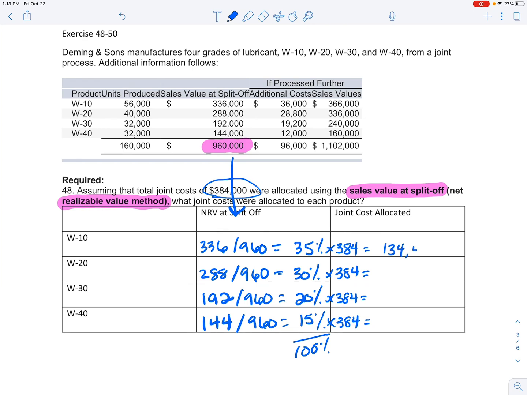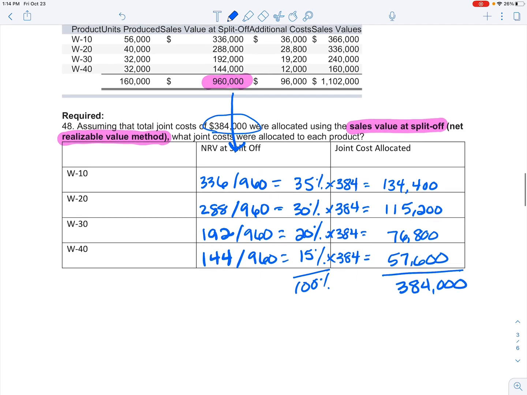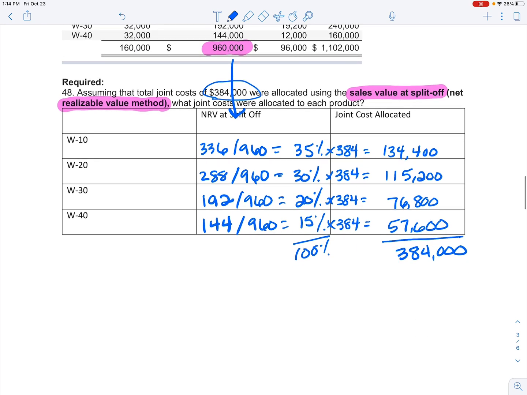So if I do the math right, 1, 2, 600 and 57, 600. Again, if you want to double check, if you add up all of these numbers, it should come back to the total cost to be allocated. So that's just your sales at split off method, that net realizable method.